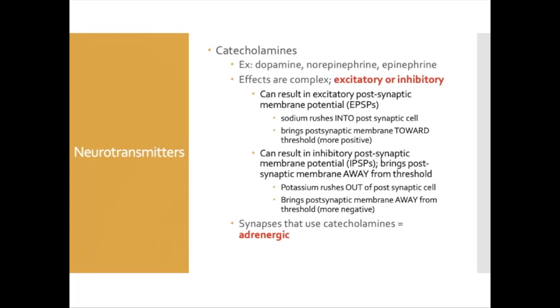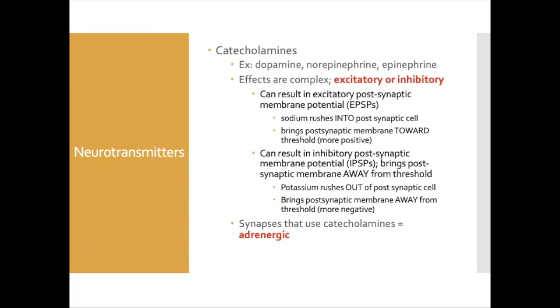For a catecholamine to have an inhibitory effect, something very different has to occur. The catecholamine has to travel across the synapse, bind to its particular type of receptor on the postsynaptic membrane, and instead of sodium channels opening up, potassium channels will open.